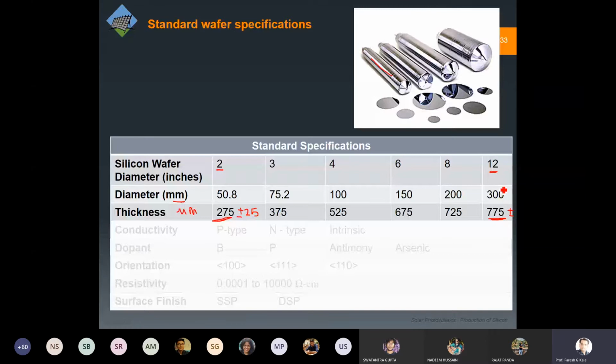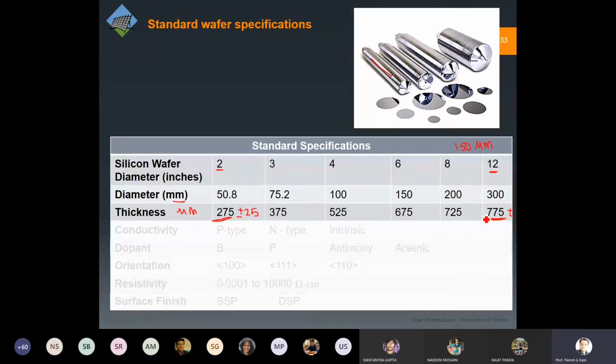So obviously, when you go for larger size wafers, the thickness would be higher. This is a very important point, because later we will understand that we don't require that much thickness. In the previous slides I told you that for solar cells the optimum thickness as of now could be about 150 micrometer.